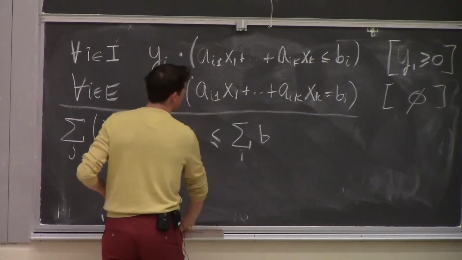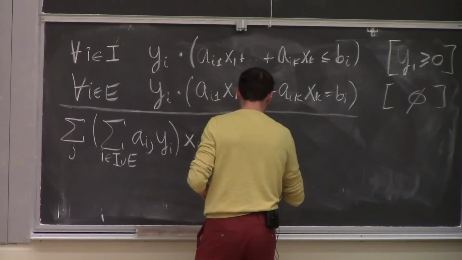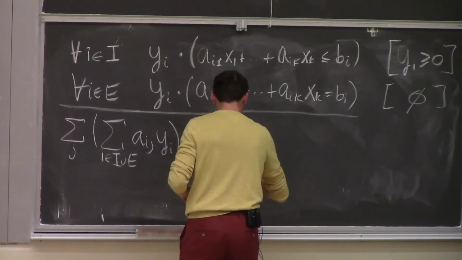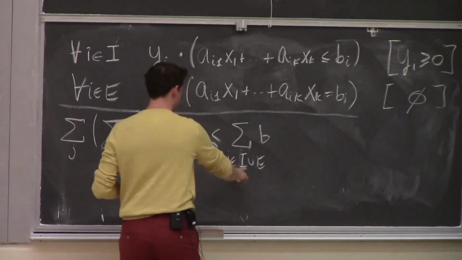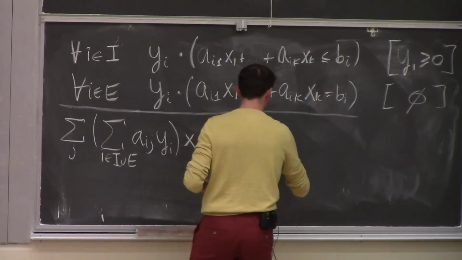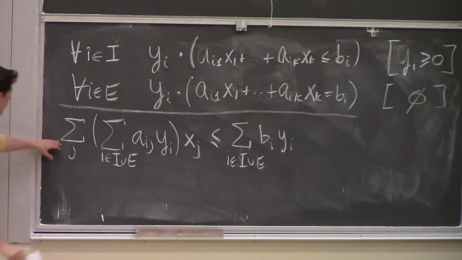Because look, we're summing over bi's where these are the constraints, right? So for i in the union of inequalities and equalities, we have bi times yi. This is the general form of that inequality up there, right? Do you agree?